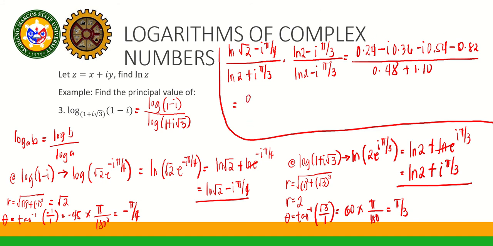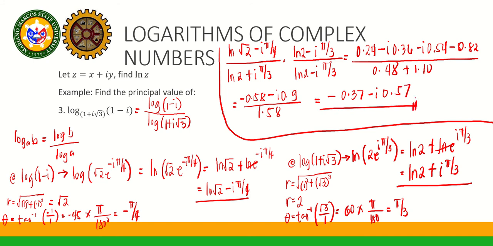So this will be equal to 0.58 minus i 0.9 all over, we add this one, that is 1.58. And simplifying further, our final answer would be negative 0.37 minus i 0.57. So that is example number 3.